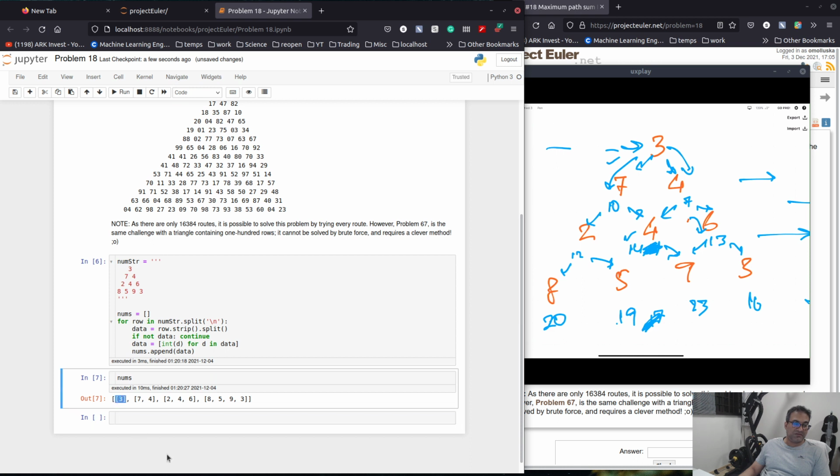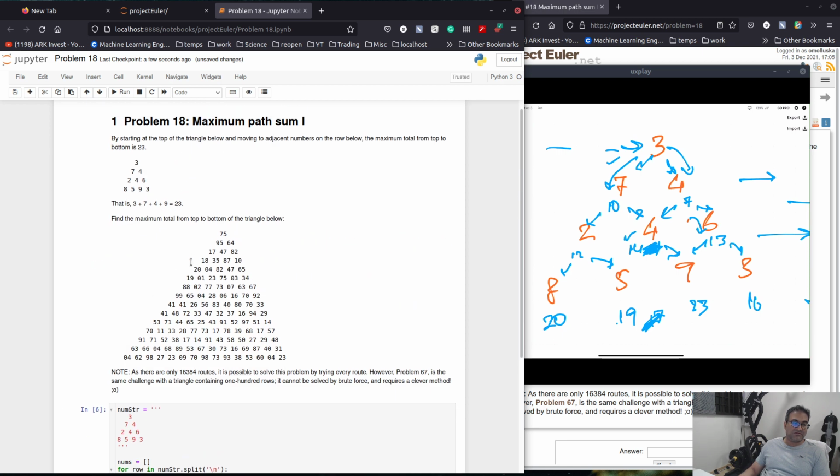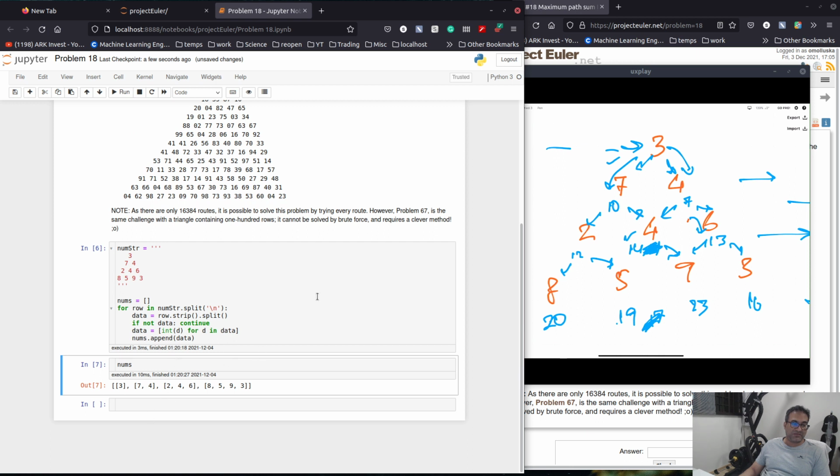It has 3. Then we have 7 and 4. Then we have 2, 4, 6. Then we have 8, 5, 9, and 3. So if we substitute this, we should be able to create that over there. Now we go row by row, and we figure out what the maximum values are. So we keep on adding.